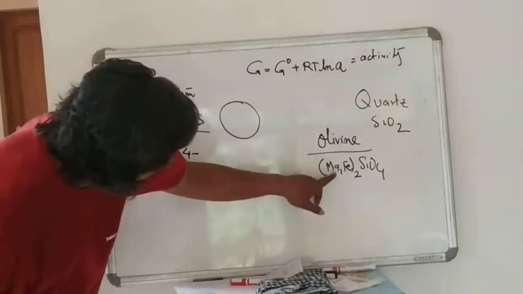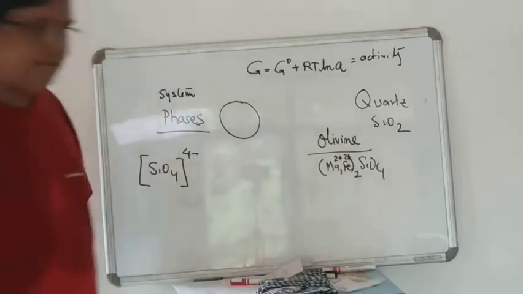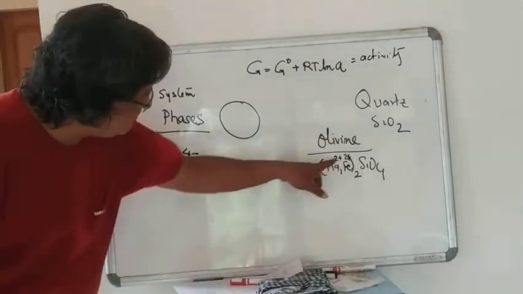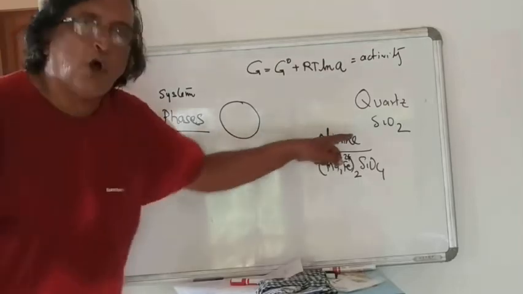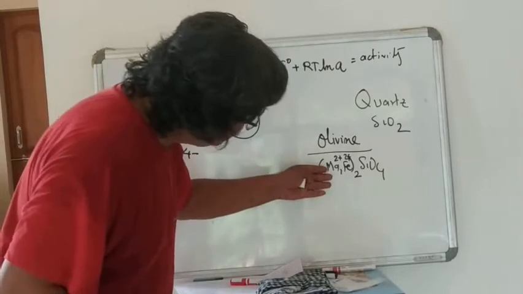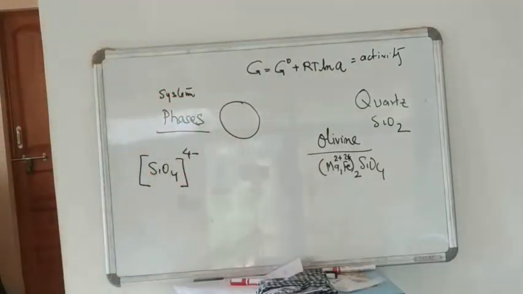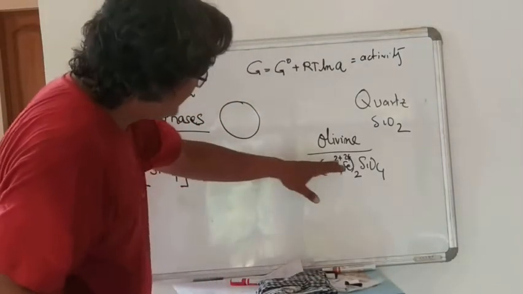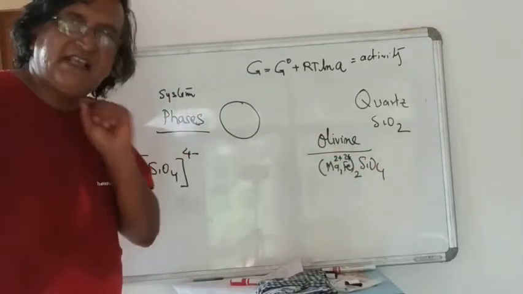These are balanced by Mg2+ and Fe2+. Two of them make 4 positive charges, and this balances the charge. So olivine is a mineral whose composition varies, but whose composition is given by this formula, (Mg,Fe)2SiO4.